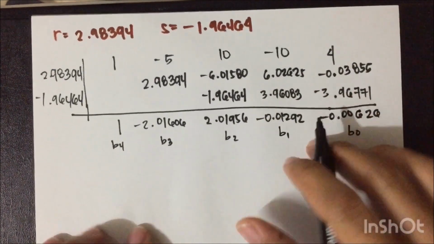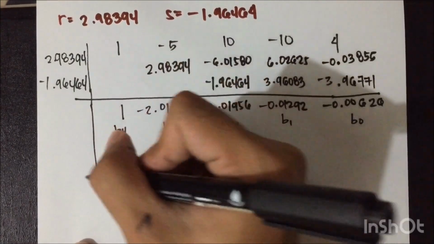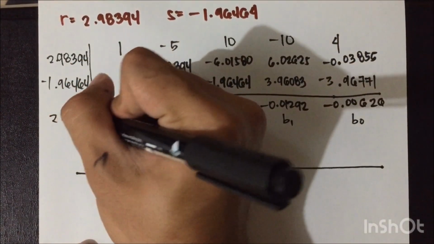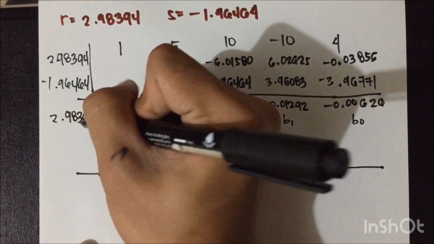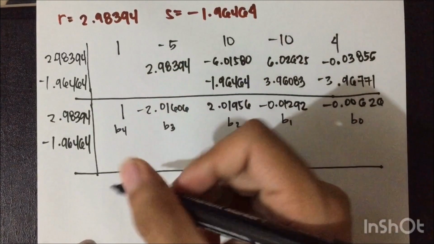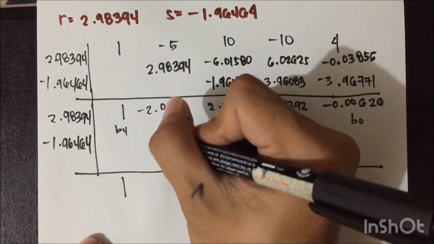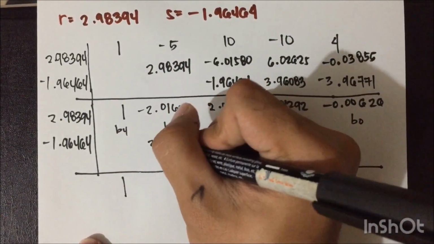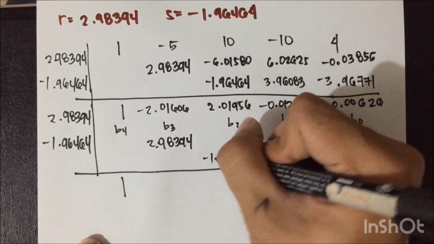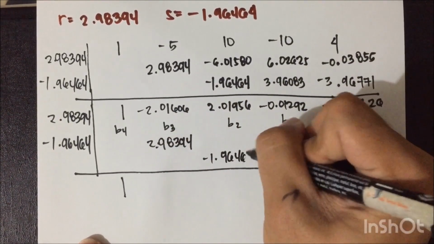B sub 0. Then again, we divide it by synthetic division by the same values of R and S. So bring down 1 times the value of R, 2.98394, and the value of S, negative 1.96464.